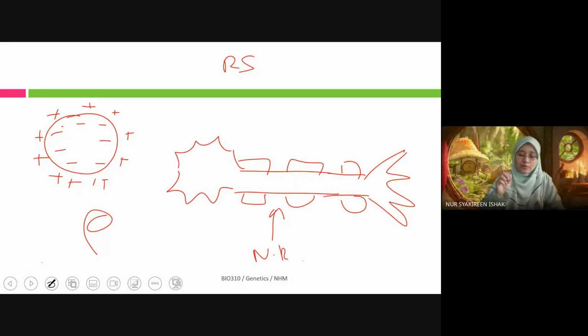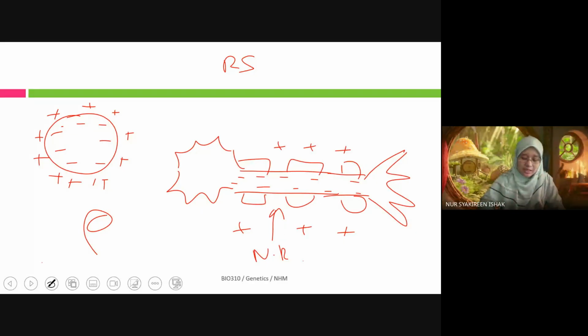So for this neuron that is not transmitting or generating an impulse, inside the cell it is negatively charged, especially at the axon area. So when the neuron is resting, inside the cell is negatively charged, outside is positive. If a neuron is stimulated and is going to generate an electrical impulse, it has to change these charges inside and outside of the cell.